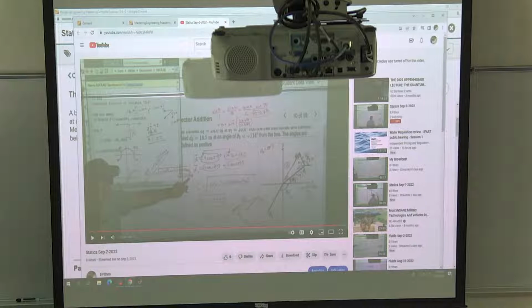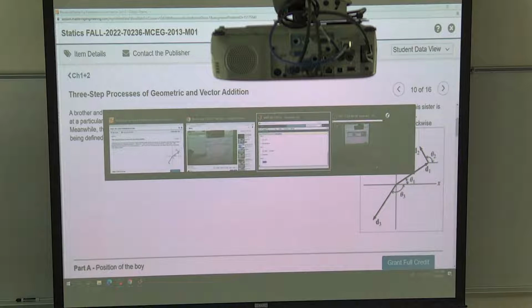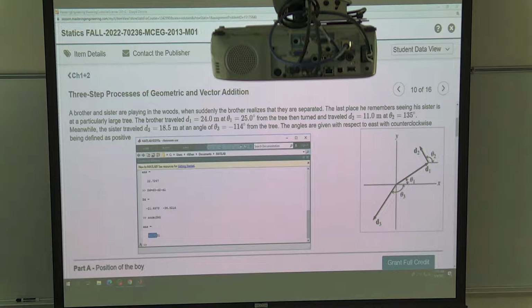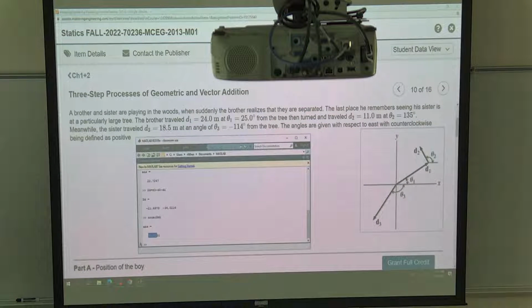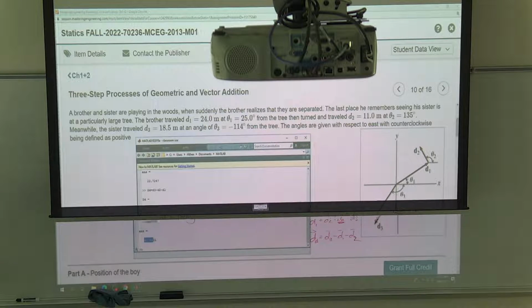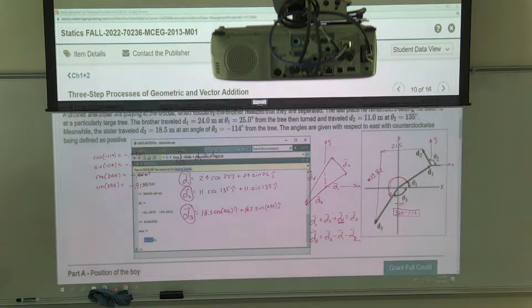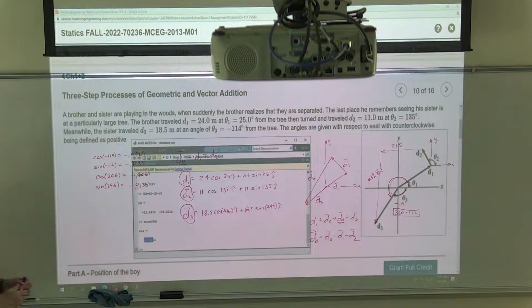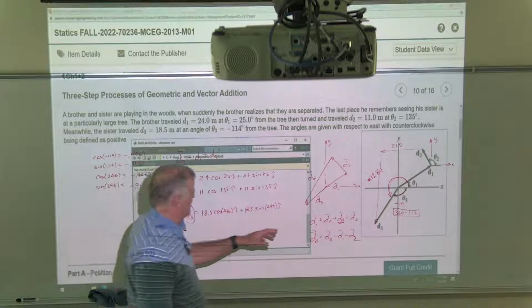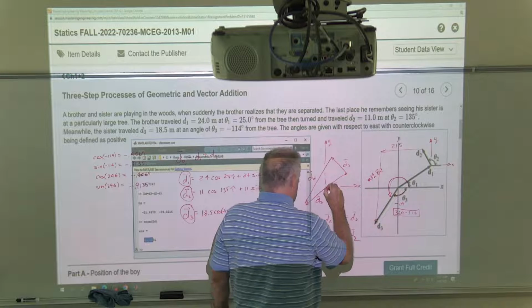Here, let's see if I can go back to engineering and then go back to here. So essentially, now the board material's gone. So this way, I just did vector addition. I basically added that to get this one.